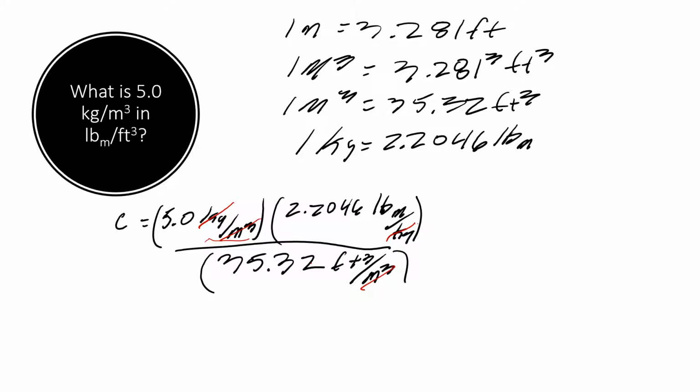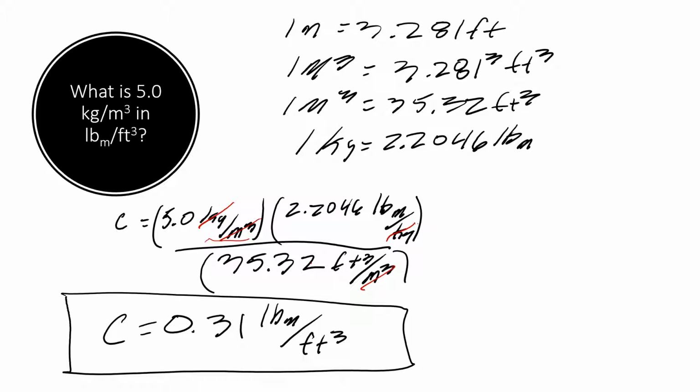And I'm going to write here equals 0.31. That's correct. Pound mass per cubic feet. Excellent. Okay, so that is the result that we were looking at. That is the equivalent of 5 kilograms per cubic meter.